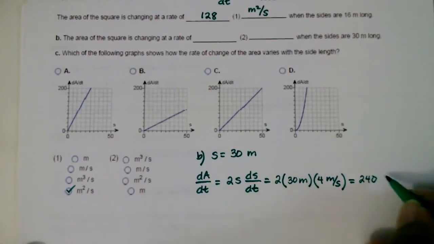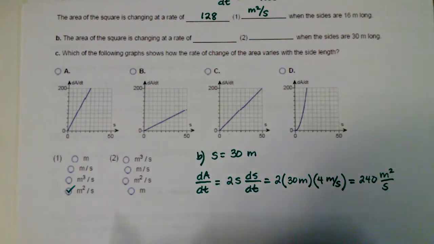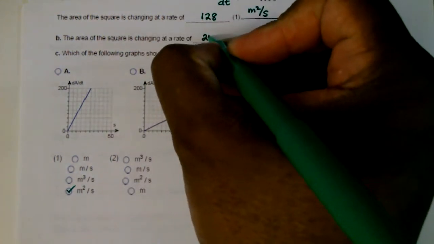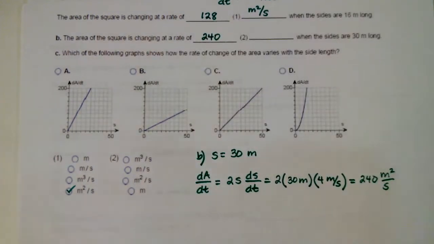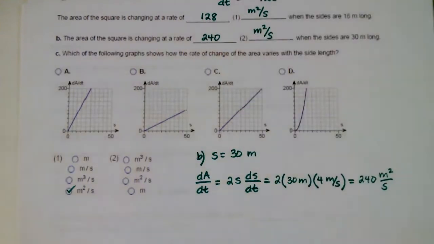And then meters times the meters will be square meters per second. So that means that the area of the square is changing at a rate of 240 square meters per second when the sides are 30 meters long.